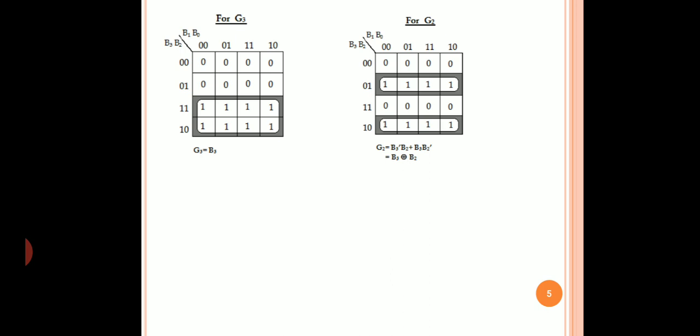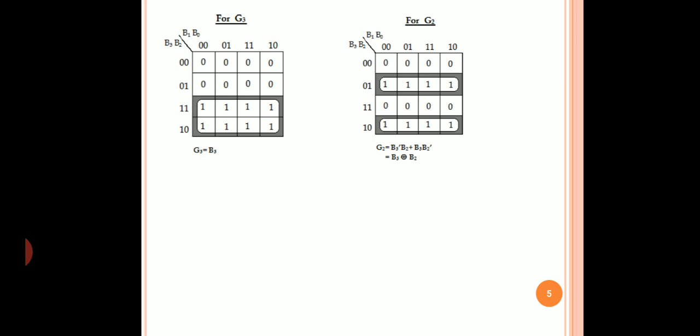Then G2. While solving the K-map for G2, we will focus only on the column of G2 in the truth table, which was on the previous slide. G2 is 1 eight times, that is from cell number 4 to 7 and cell number 8 to 11, and you will observe 2 quads are there.